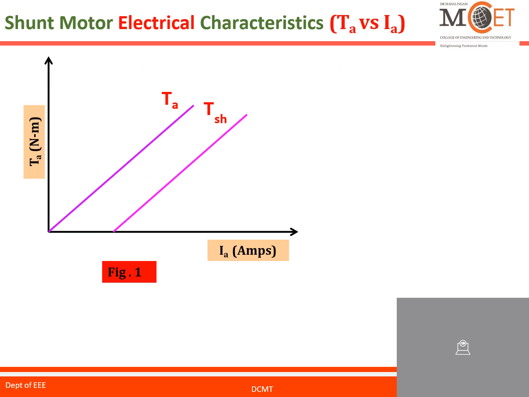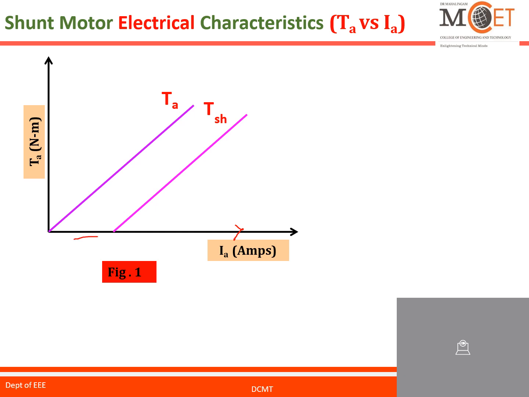So this is the shunt motor electrical characteristics. Here the armature torque Ta versus Ia. In the x-axis I'm considering armature current Ia in ampere, and the y-axis is armature torque in Newton meter.